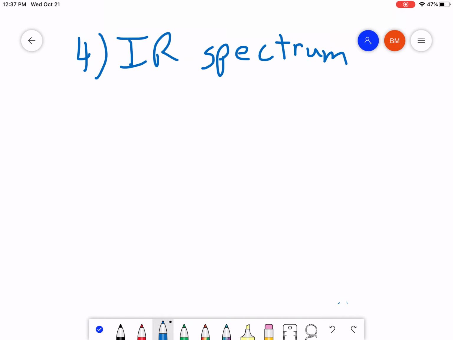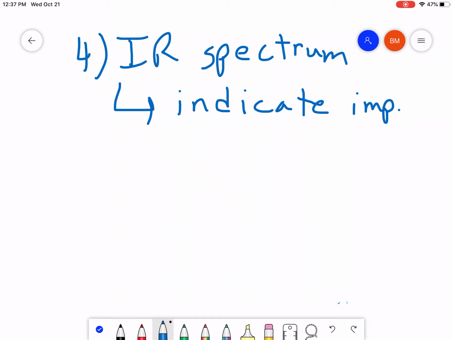All right? So, in your IR spectrum, what you need to do is, much like you did in your problem sets that I gave you a couple of weeks ago, indicate important, I want to use IMP for important, signals. Give me some specific wave numbers. Tell me that you have a strong, sharp peak at 3,000 or whatever wave number it is. All right?